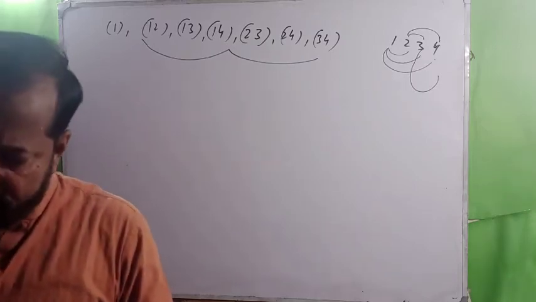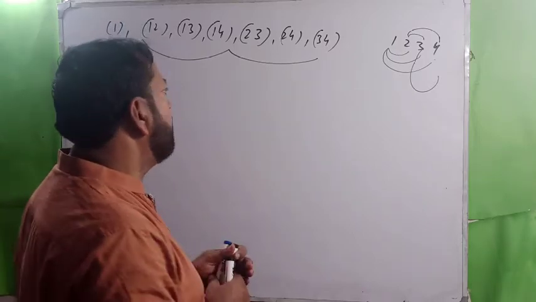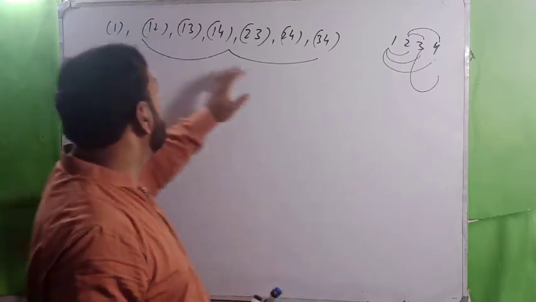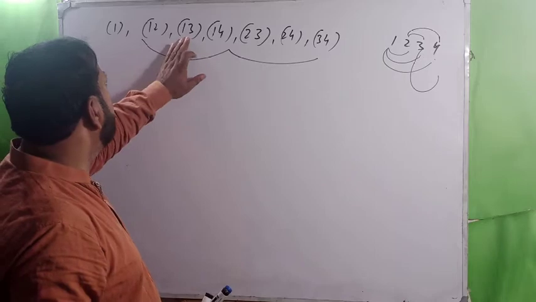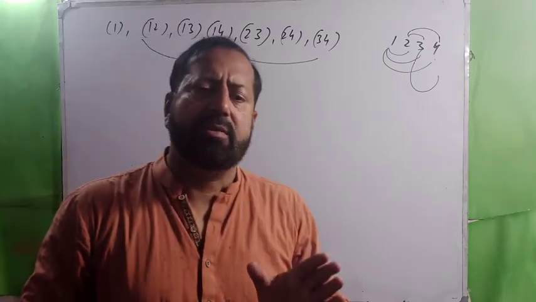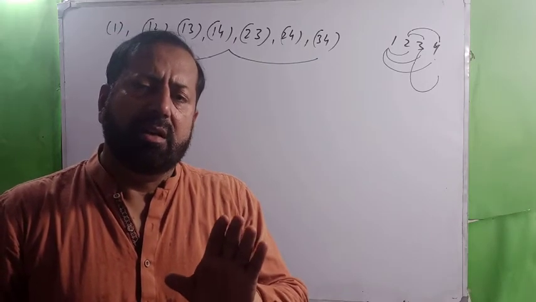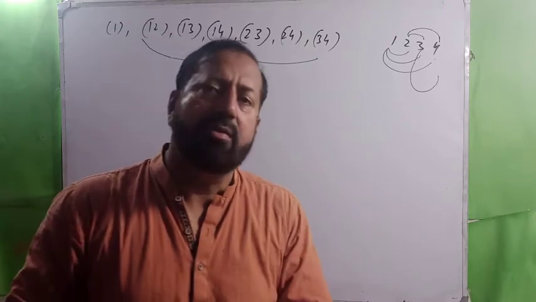Then you can have elements which are a product of two transpositions, like (1 2)(1 3)... those permutations which can be expressed as a product of disjoint cycles, right?